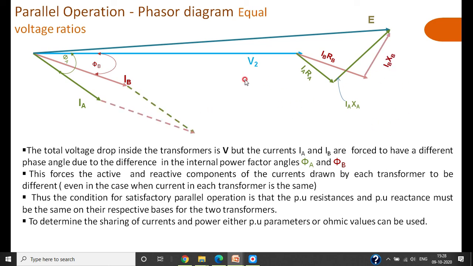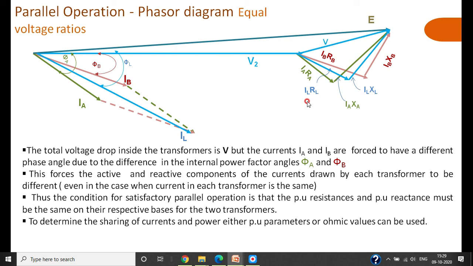Then what we are getting as the total sum of IA and IB is IL. Then ILRL, which is the total load current drop, and ILXL also give the same voltage E.